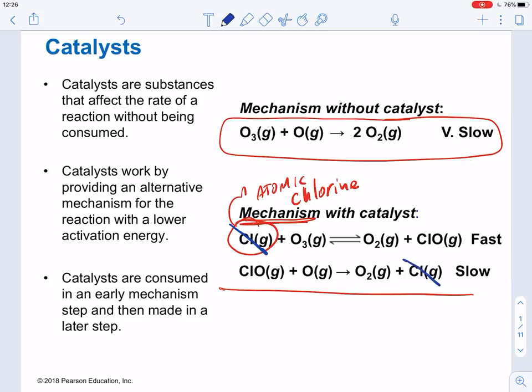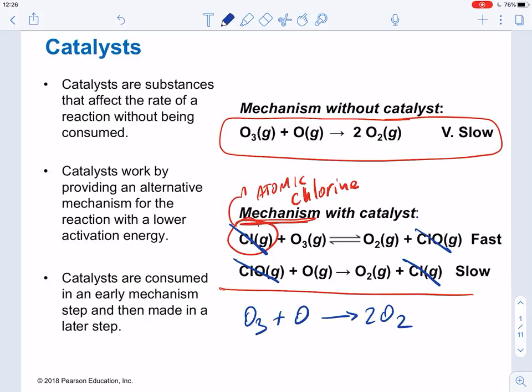And this species here, ClO, a product there, a reactant here, you can cancel those two, and then you end up with your overall reaction. Okay, and because you are canceling those two species in the reactions, well, the first thing that might come to your mind is that, oh, they are reaction intermediates.